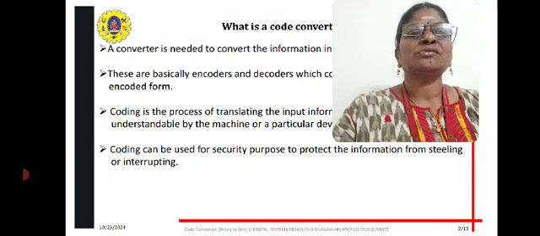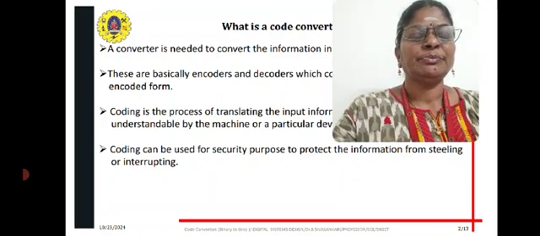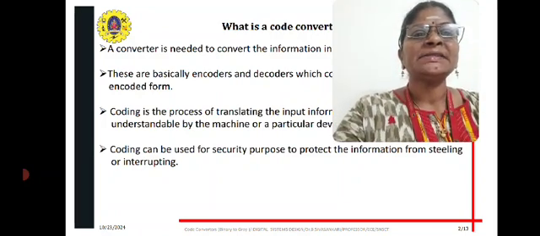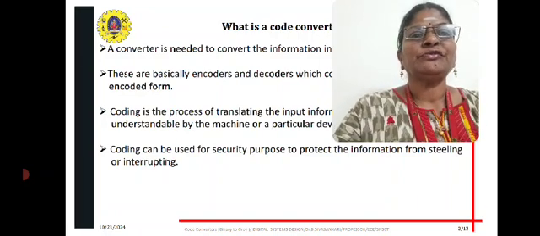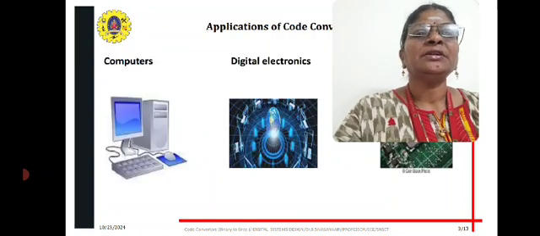Coding is the process of translating the input form into a form understandable by the machine or a particular device. Coding can be used for security purposes to protect information from stealing or interruption.